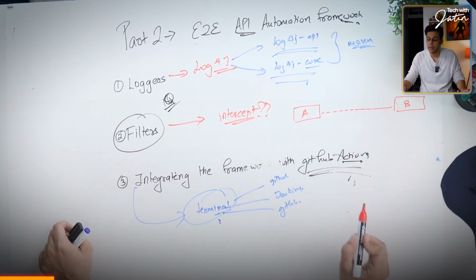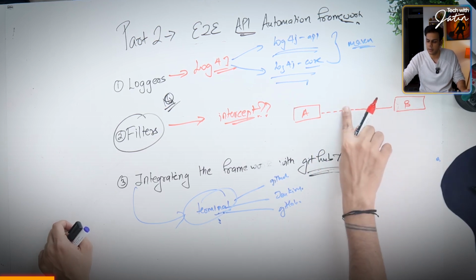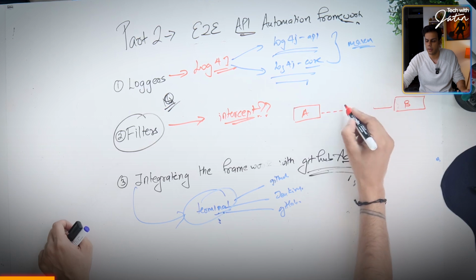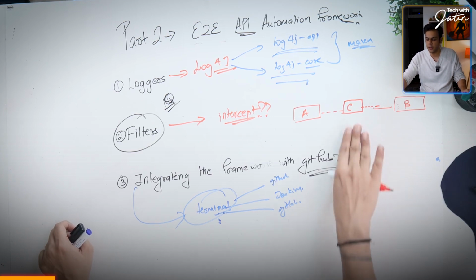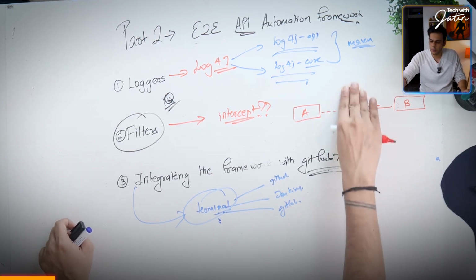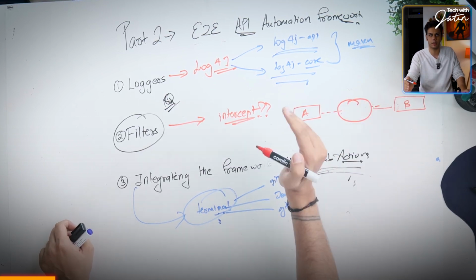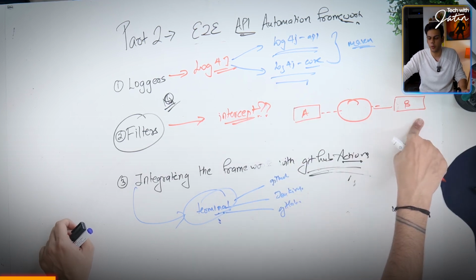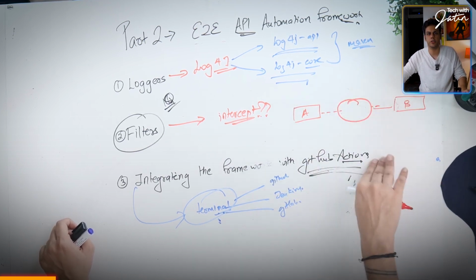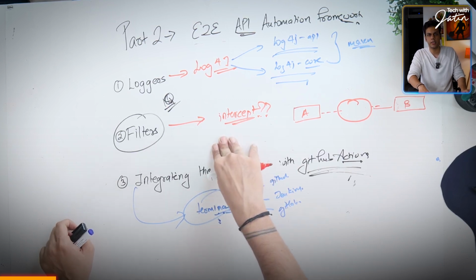Interception basically means this thing is going to happen in a straight line, but someone came in between, did something, and now it's going to go from C to B. So if I want to make some modification in between, things are going to move from A to B only. But the point is someone is coming in between and making some modifications. That is what you call intercepting.